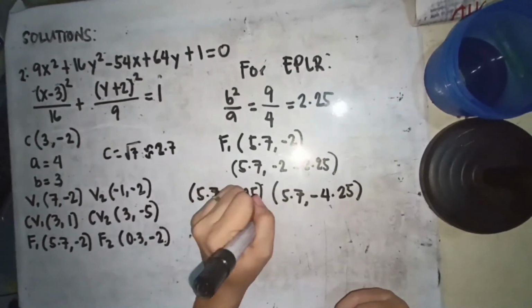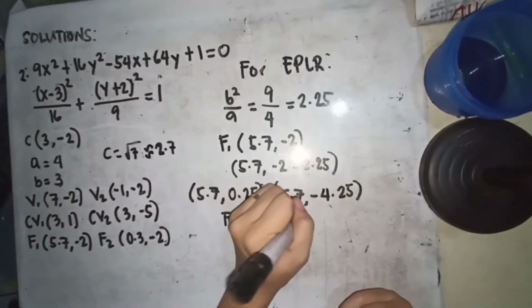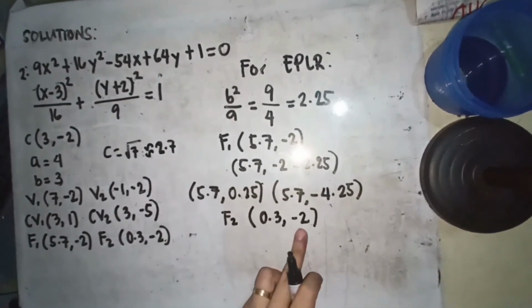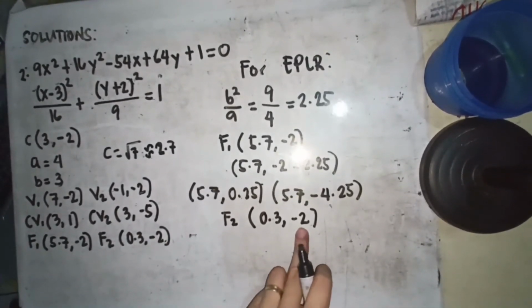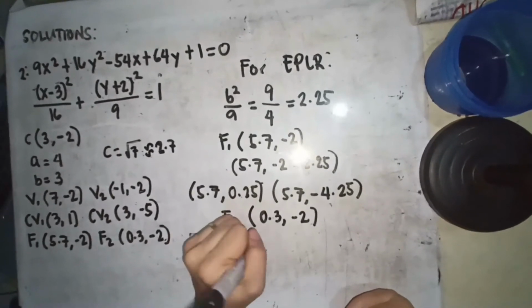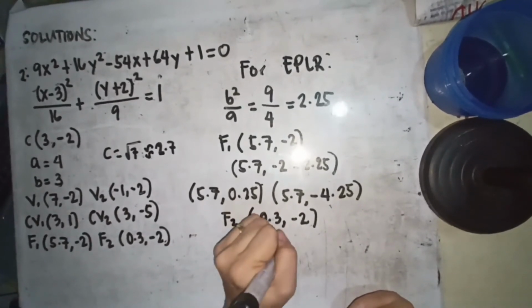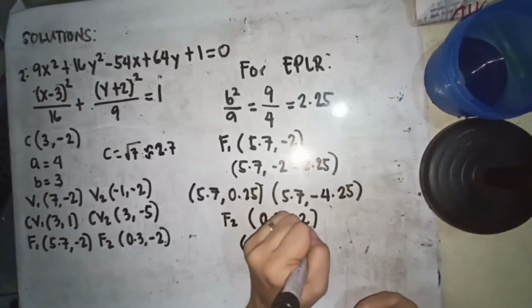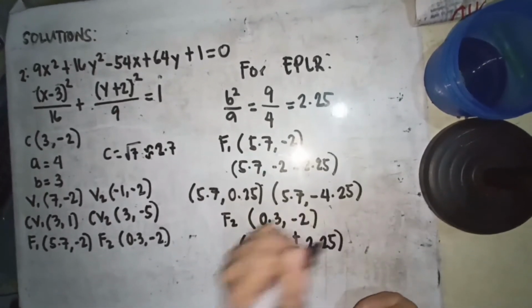Okay, next we have f sub 2. That is 0.3 and negative 2. Again, we add and subtract on the y coordinates. So we'll have 0.3 and negative 2 plus minus 2.25.